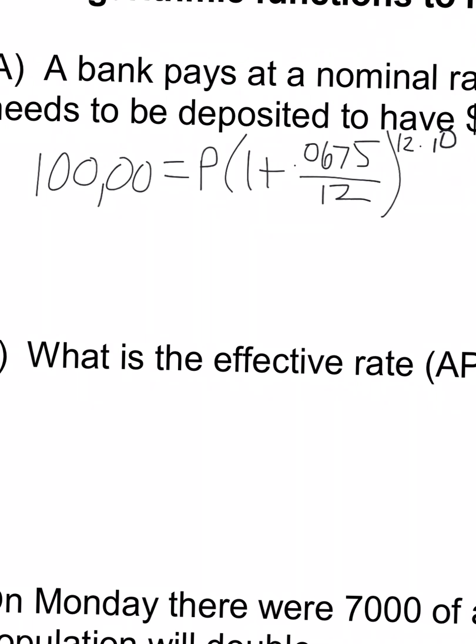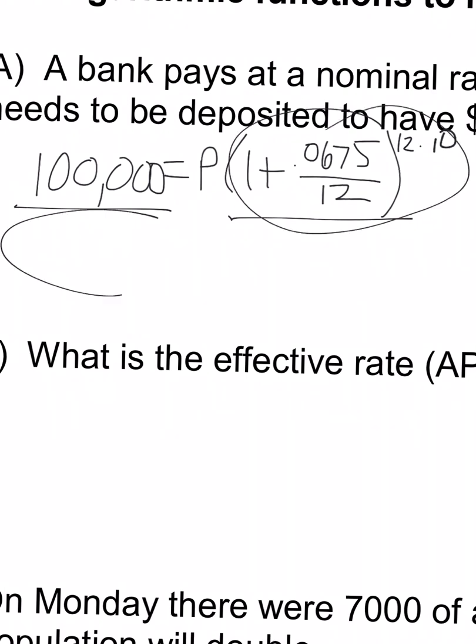I'm not going to write it out, but imagine all of this is underneath the 100,000, and it looks like I forgot one of the zeros. So if I do 100,000 divided by that, all of this goes underneath here. That's what you plug in your calculator. Just make sure you have parentheses correctly. You get P equal to $5,101.20.